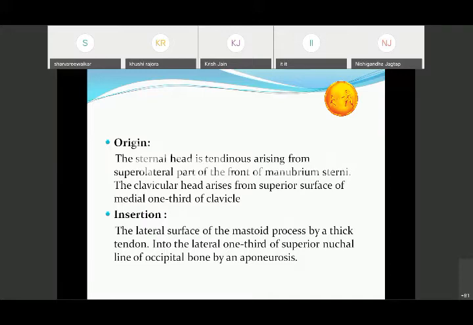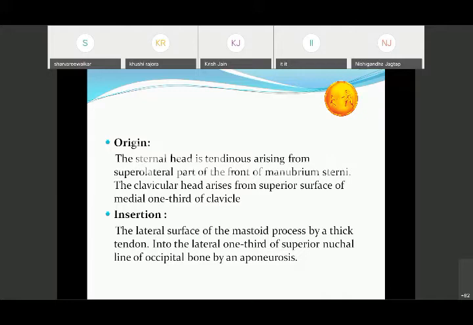The second origin is the clavicular head, which arises from the superior surface of the medial 2/3 of the clavicle. The insertion of this muscle is over the lateral surface of the mastoid process and to the lateral 1/3 of the superior nuchal line, which is present on the occipital bone.